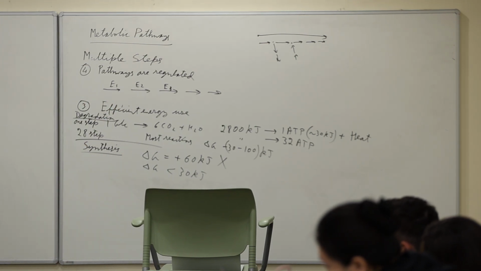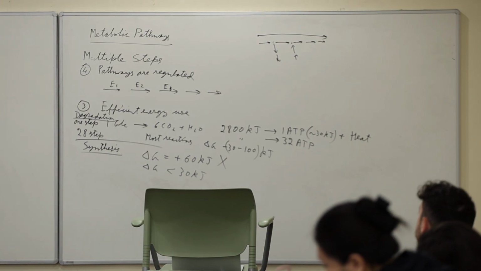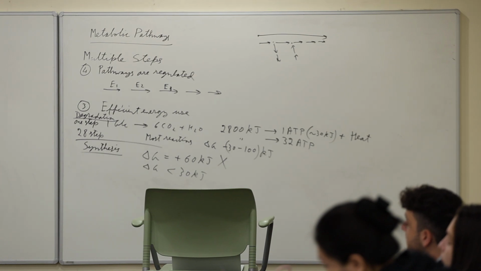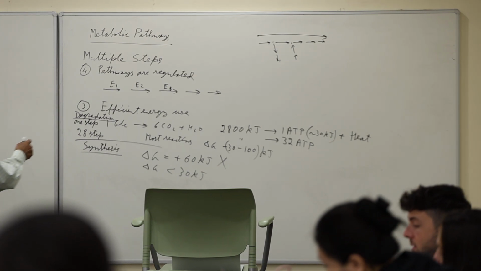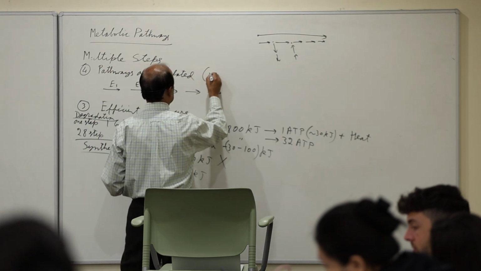They are reversible and irreversible reactions. And usually the irreversible reactions are regulated. So in a pathway having, let's say, 20 steps, maybe 3, 4, 5 will be irreversible, and those are the ones that will be regulated. So more steps means more enzymes to be regulated.